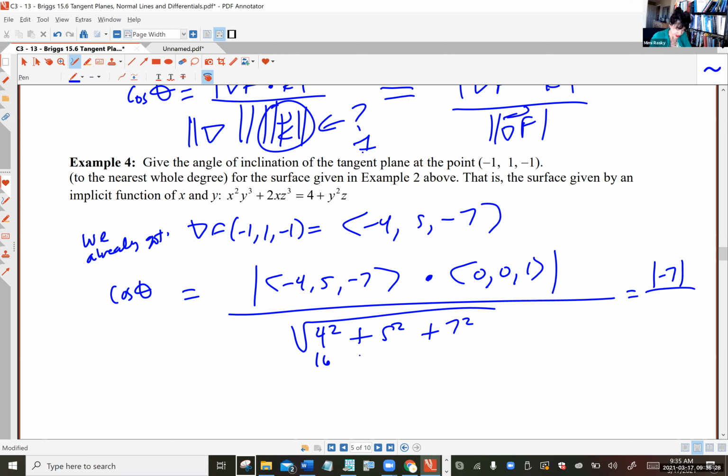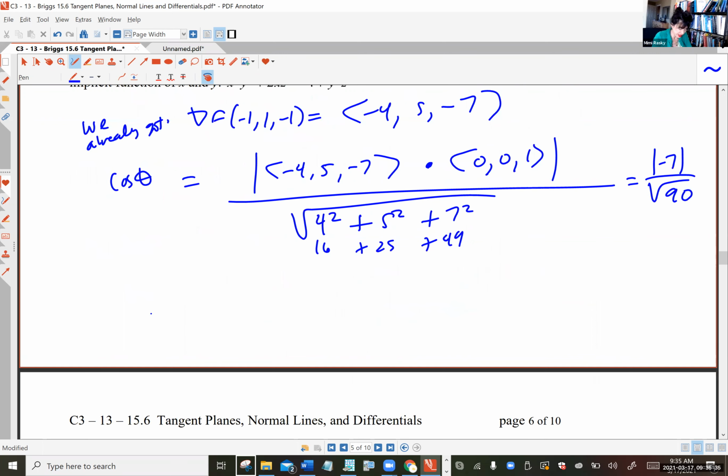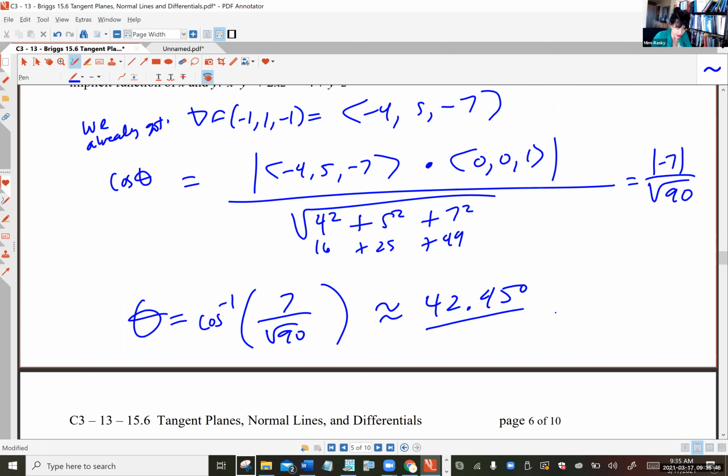Here we have 16 plus 25 plus 49, and I get square root of 90. You can simplify that a little, but we don't care too much because we're taking cos inverse of 7 over square root of 90. In degrees, I get 42.45 degrees, and that's the angle of inclination. That's kind of cool because we're using some previous knowledge from two months ago. Time is just flying.